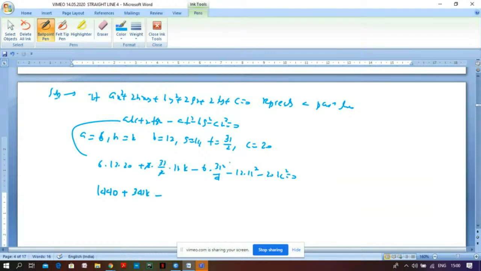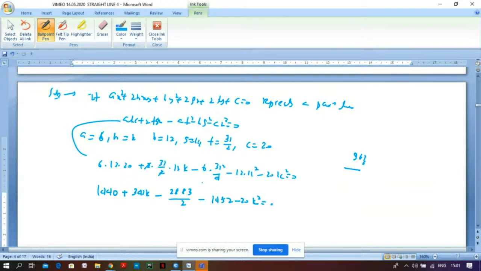This 31 squared is 961, and 961 times 6 gives you 2883 over 2. And then again you will have the other thing also, this 11 squared, so you will get 1452, and then minus 20k squared is 0.